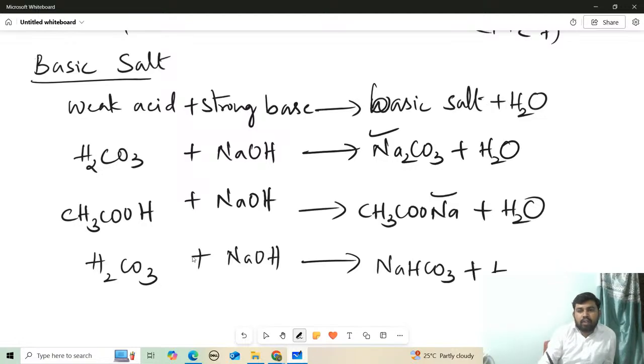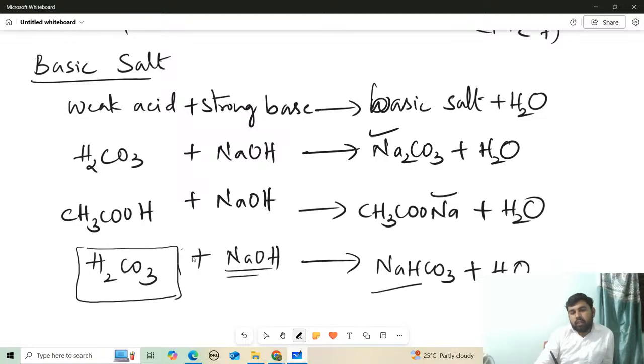Now let's understand here: we are sending more CO2, so more acid we are taking and less NaOH we are taking. In that case we get these salts. These are all the basic salts.